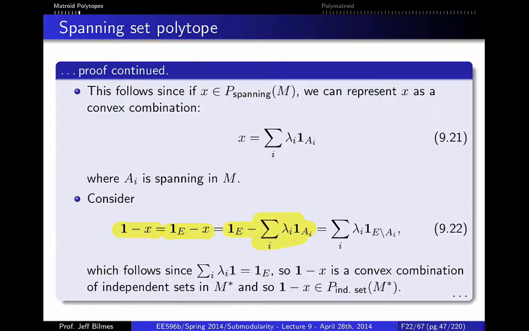Because the convex coefficients sum to 1, we can write 1 minus x as a convex combination of complements of the spanning sets in the primal, which turn out to be independent in the dual. So we have a convex combination of independent sets in the dual, which basically means that 1 minus x lives within the independent set polytope of the dual. Right?